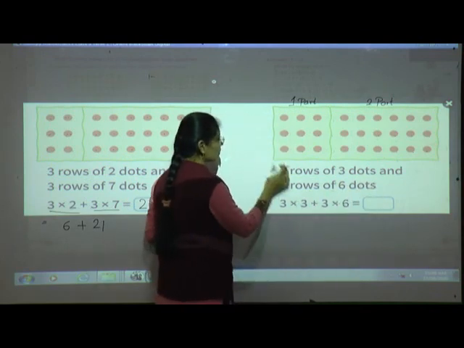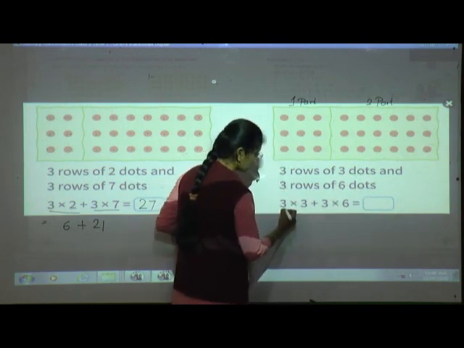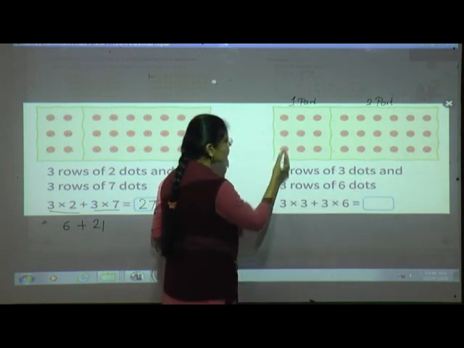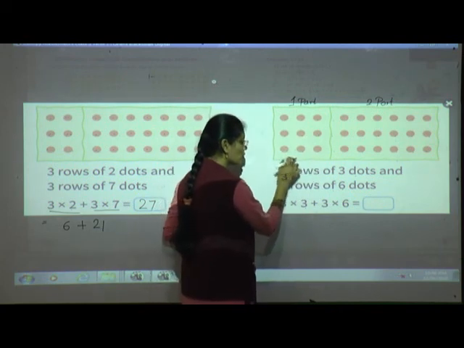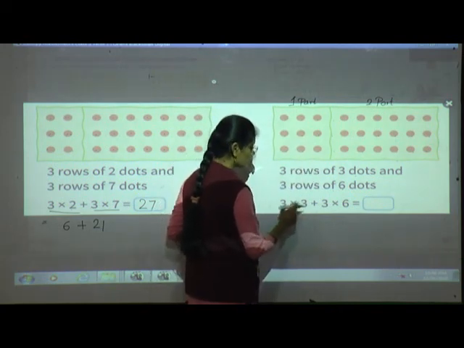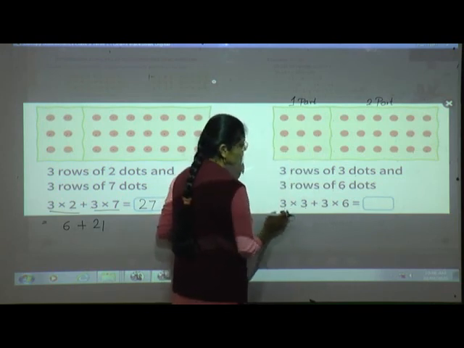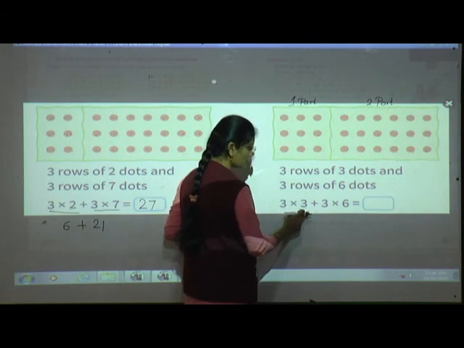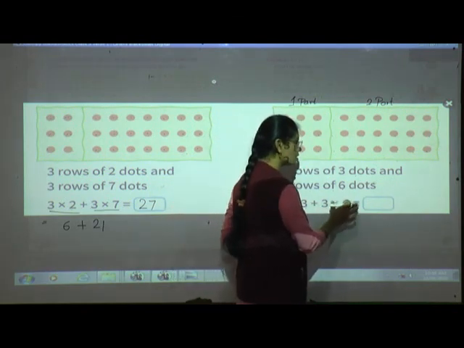Okay. See the first box, 3 rows of 3 dots. So here we will write 3 into 3. Why? Because here 3 rows are there and in each row there are 3 dots. So for the first box we can write this 3 into 3. Okay, then give the plus sign and then we'll write about the second box.